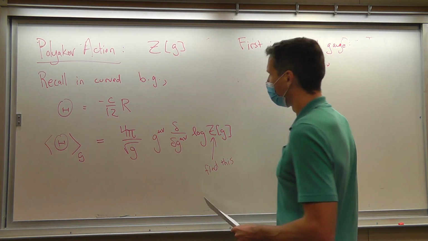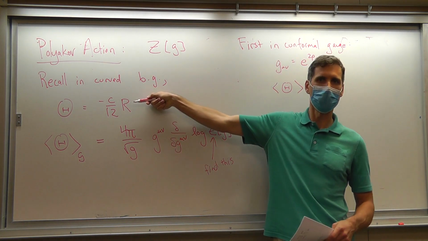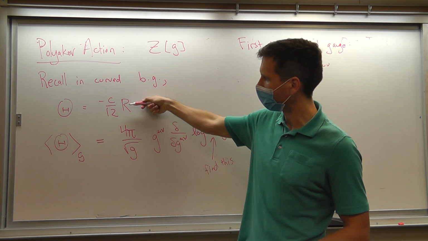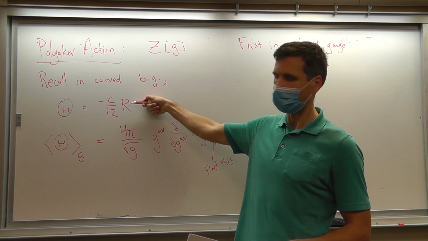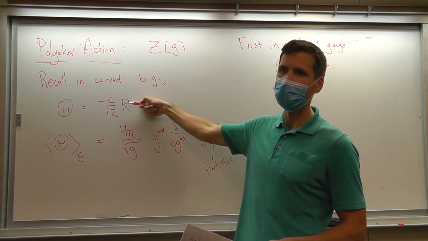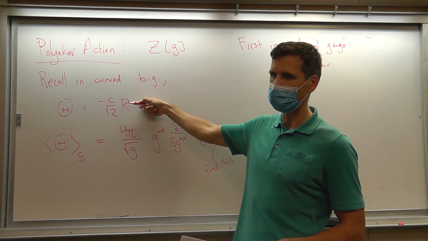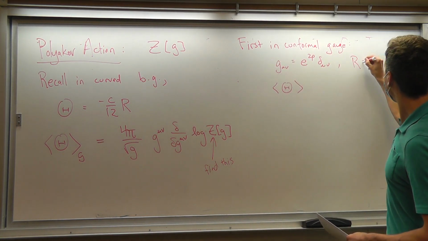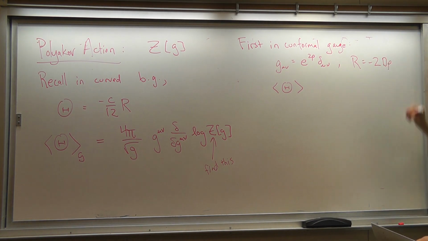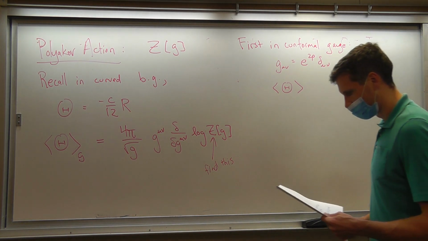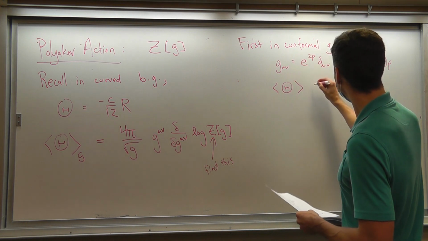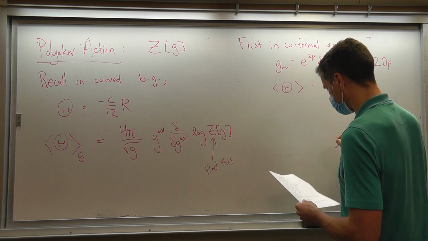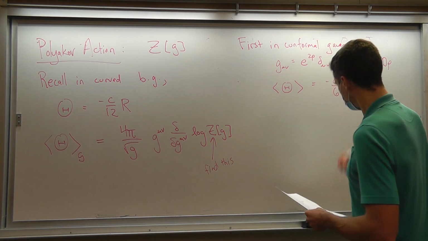And for the trace anomaly equation here, if we calculate R in conformal gauge, it's just minus 2 box rho. So we get the expectation value of Theta is minus c over 6 box rho.